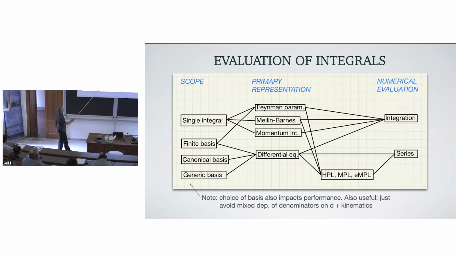But in particular, in the presence of several scales, one of the most powerful methods is the method of differential equations, where you derive a differential equation with respect to some external kinematic invariant, and then solve this auxiliary differential equation if you want.